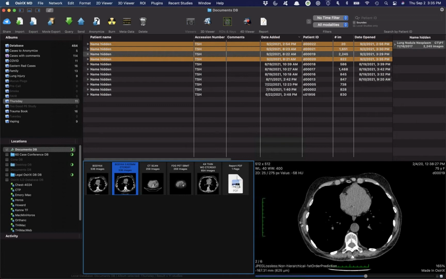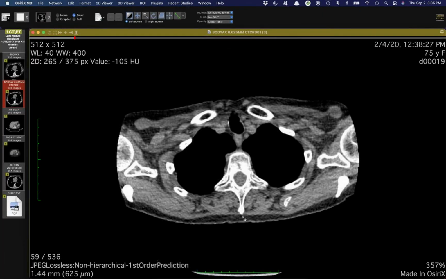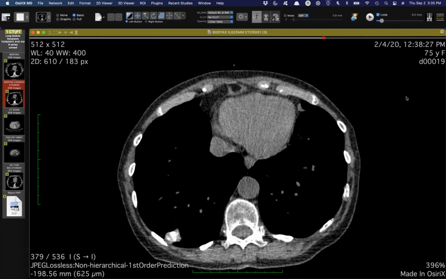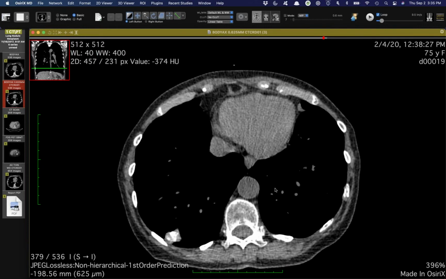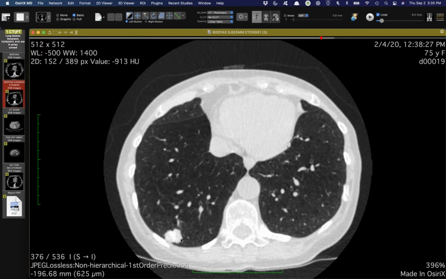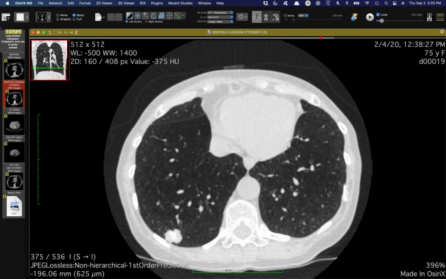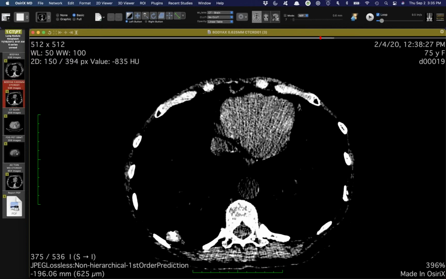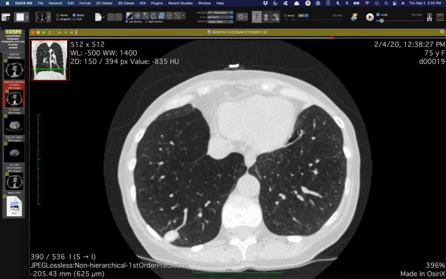All right, now this is one that I think is really interesting and a little scary, but this is a patient who underwent a lung cancer screening CT just before the onset of COVID and has this lesion down here. This nodule has somewhat lobulated margins, and it has a lot of what I would say is calcium in it, whether it's bone or just calcification, I'm not sure.